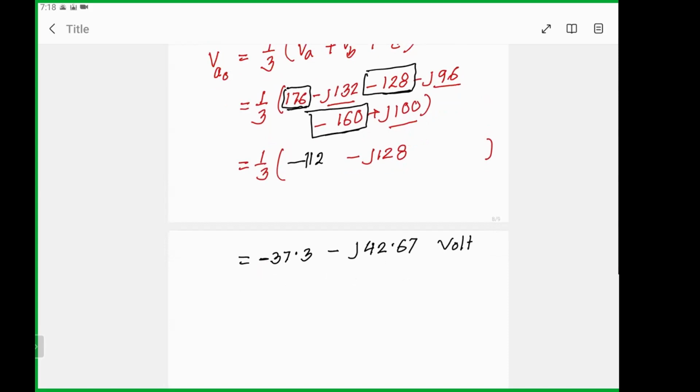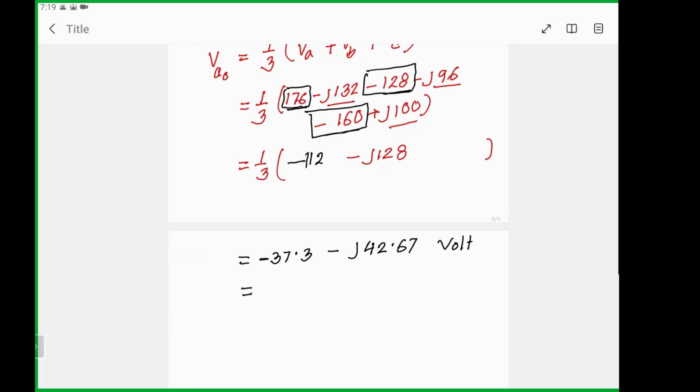But you can also convert it to polar form. I am not sure whether I have mentioned to you, you need to use your calculator to do this change from rectangular to polar, because in the next calculation you will find that you need to have learned this conversion, because you need to do multiplication and addition.